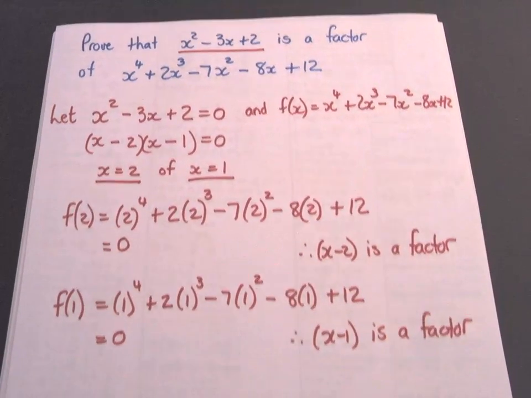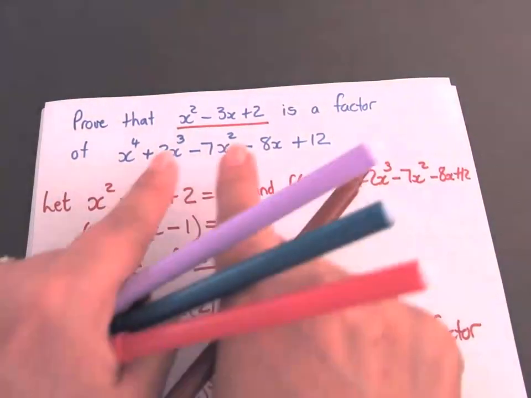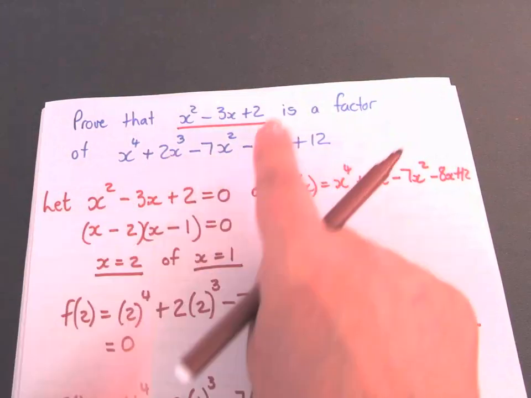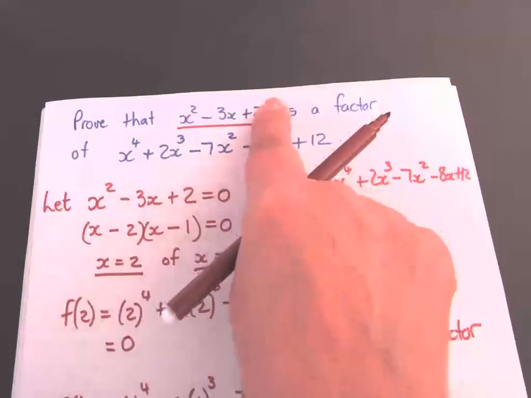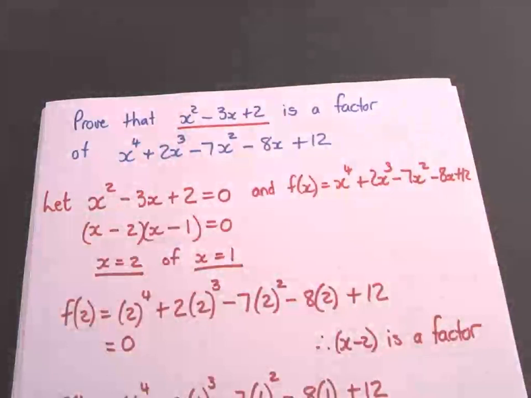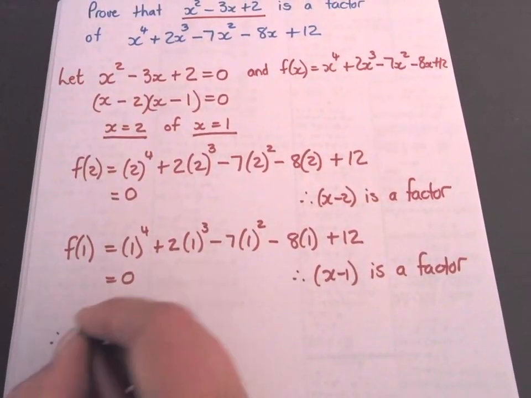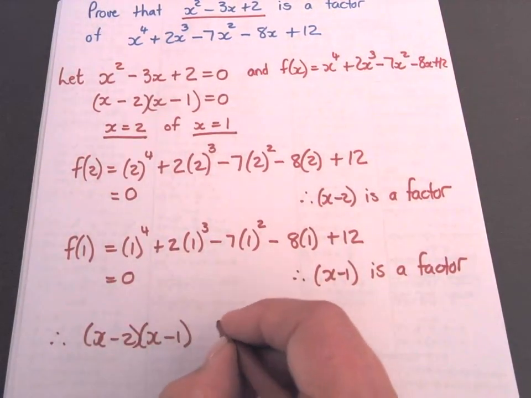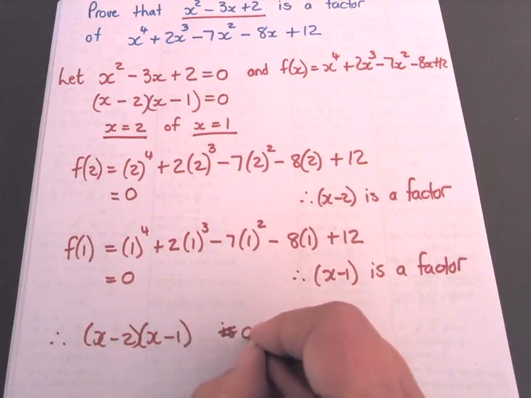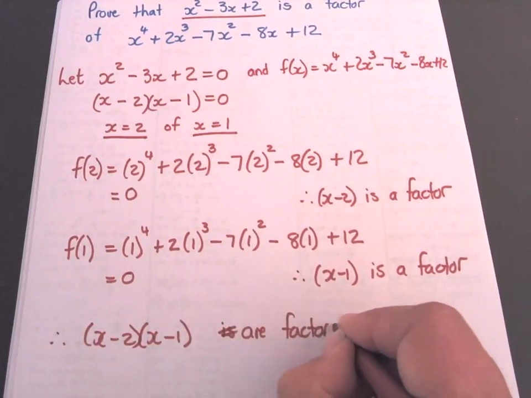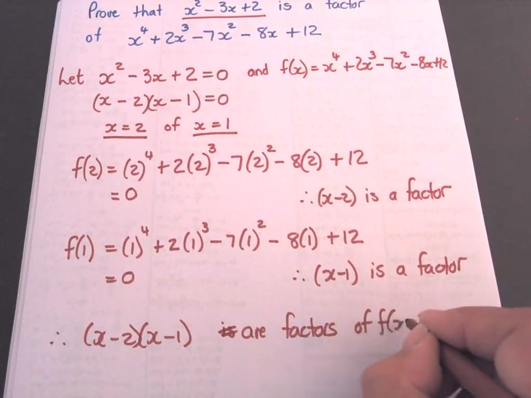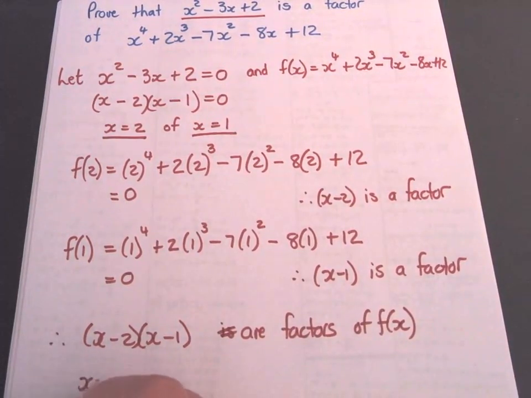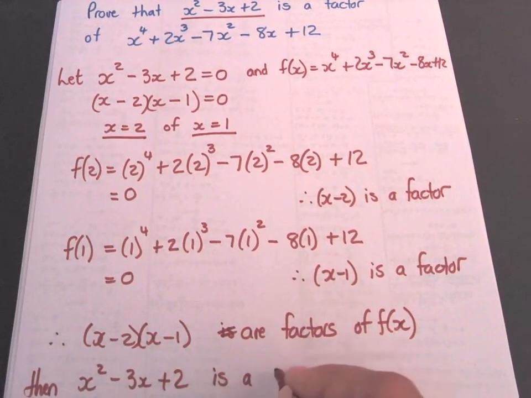Now, if both of them are factors of the big expression, it means that the trinomial is a factor of the big expression. Does that make sense? Okay. Therefore, if x minus 2 and x minus 1 are factors of f of x, then x squared minus 3x plus 2 is a factor.